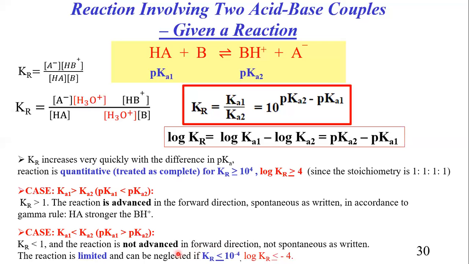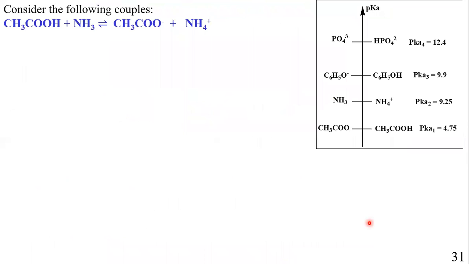Of course, if we still have a Kr of 10 to the minus 4, but you have 0 on the product side, you're going to go in the forward direction no matter how small it is. We're going to see examples of this.